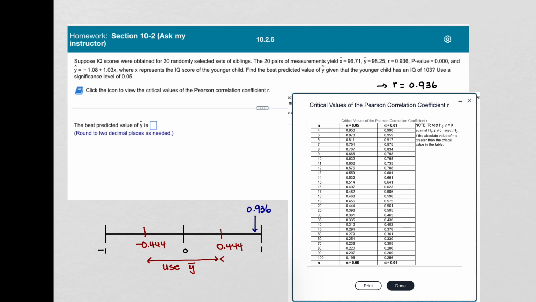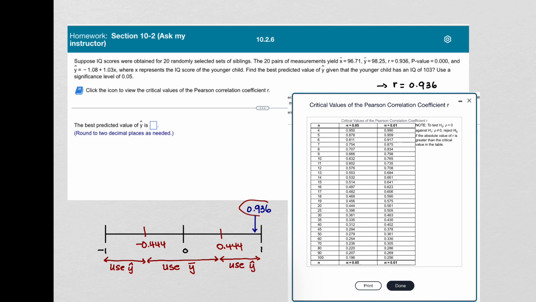If we get a value that is either greater than the positive critical value or lower than the negative critical value, that's where I use the regression equation. So I'm going to use y hat in those cases.